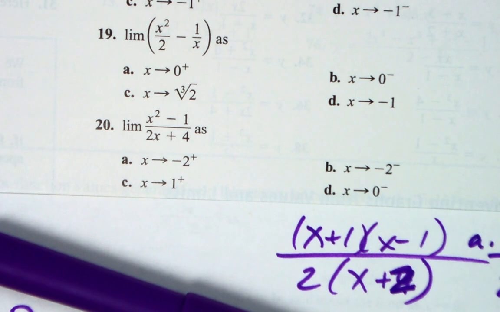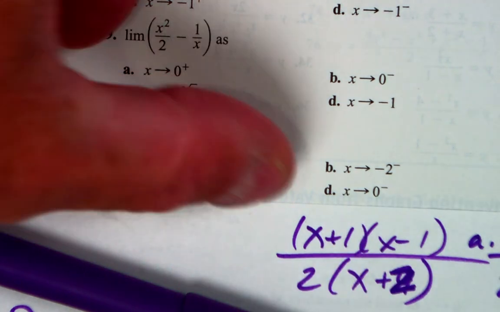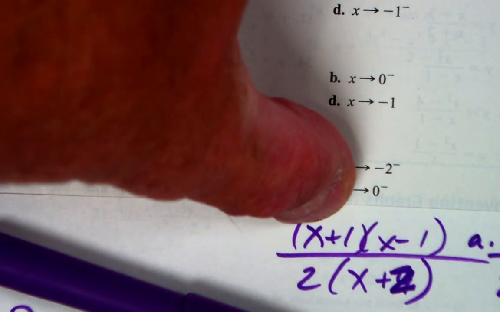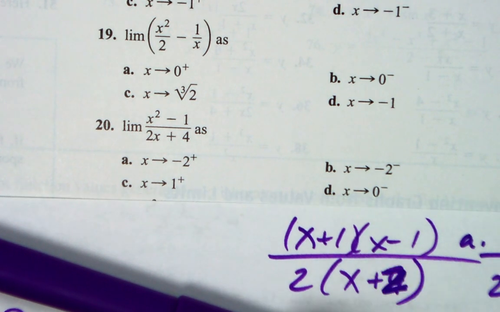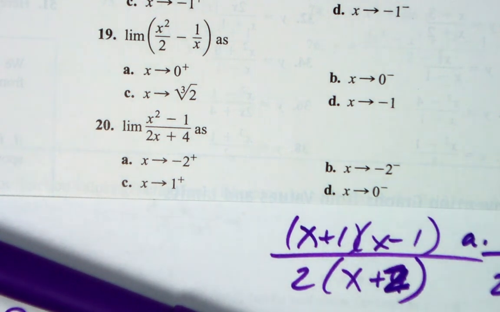It's 0. Why is it 0? Because let's take a look at each individual part. As I go from 1 from the positive, this is getting closer to 2. This is getting closer to 0, 2, and that's getting closer to 3. So I have 1 times 0 over 2 times 3. It's getting closer to 0.